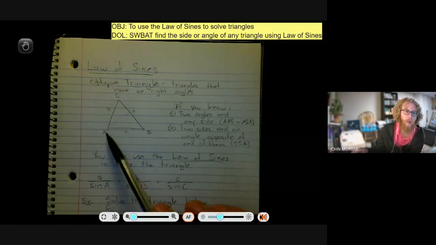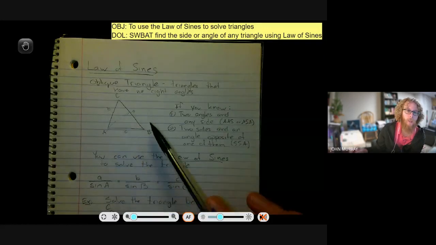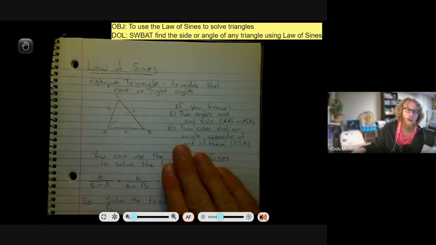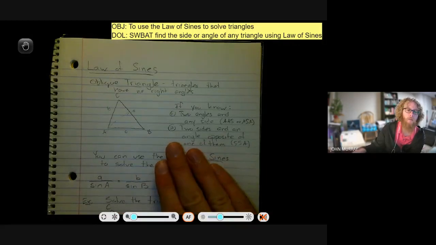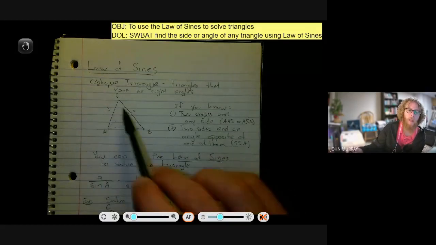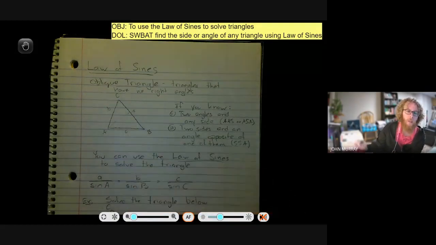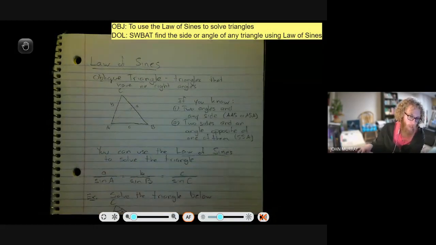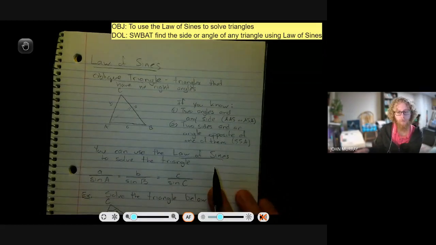So I might have angle A and side A and side B, and I'm looking for angle B, so I would use the first two parts and I wouldn't worry about that third part. Or if I had angle A and side A and part of C, I would skip the middle part and just use the outer parts. So you're not going to use all three at once, but do know that you can use any combination of those.